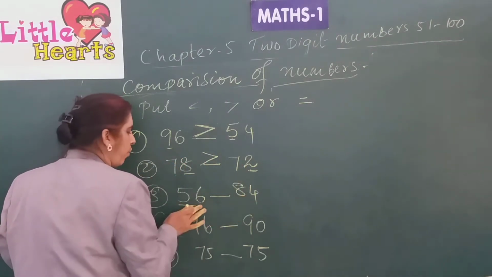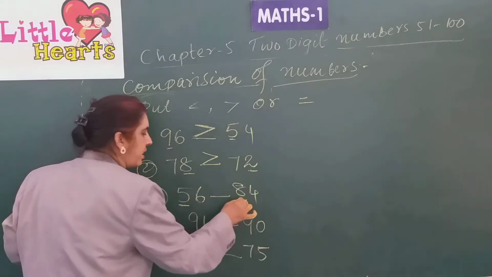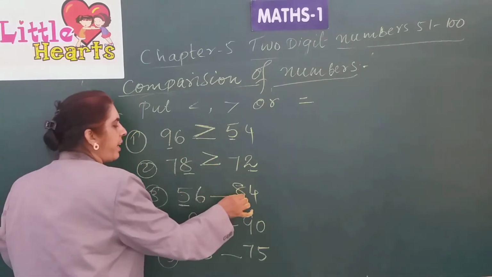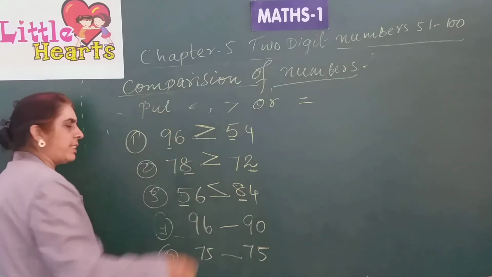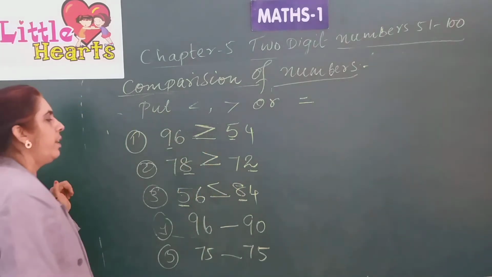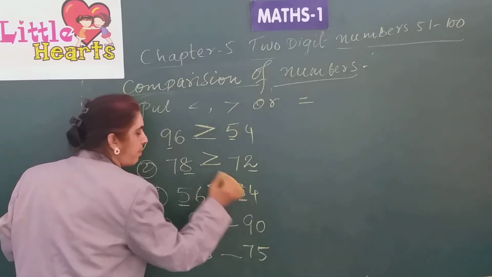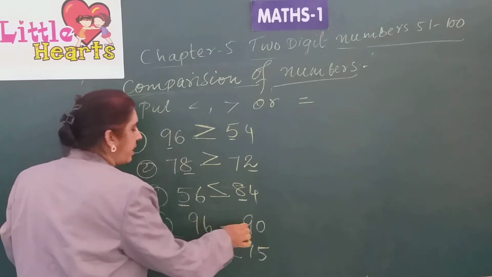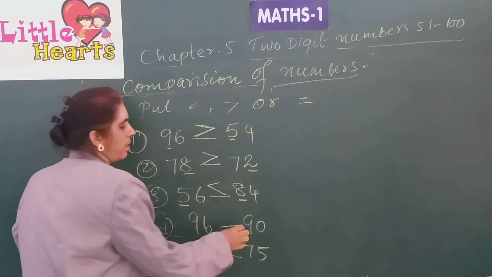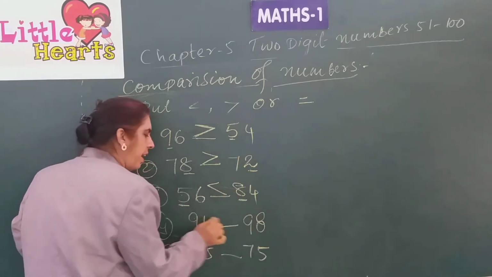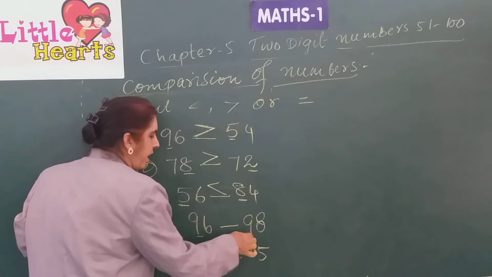56, 84. Compare the tens place digits first. 5 and 8. 5 is smaller than 8. So 56 is less than 84. Here also the mouth is open towards the bigger number. 96, 98. 9, 9.